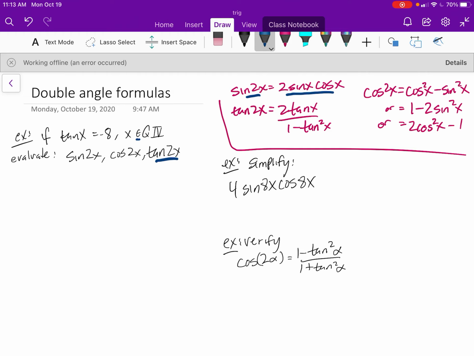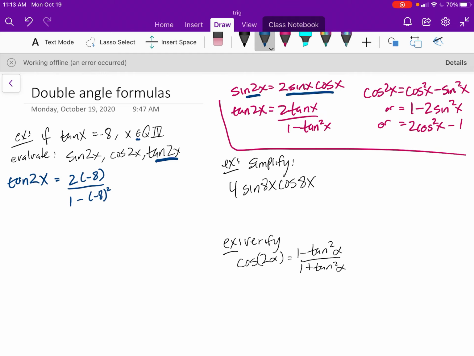So let's do that really quick. Tangent 2x, the formula says you take tan x and multiply it by 2. So 2 times tan x is negative 8, divided by 1 minus tangent x squared. So negative 8 squared.